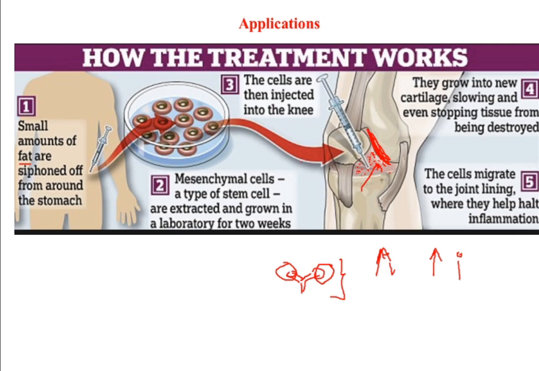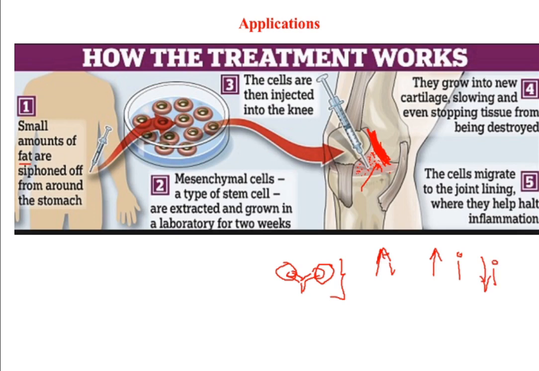When you inject these mesenchymal stem cells into the knee joint, they get converted into cartilage cells and then cartilage tissue, and will try to repair the cartilage here. Once the cartilage is repaired, it reduces the inflammation.